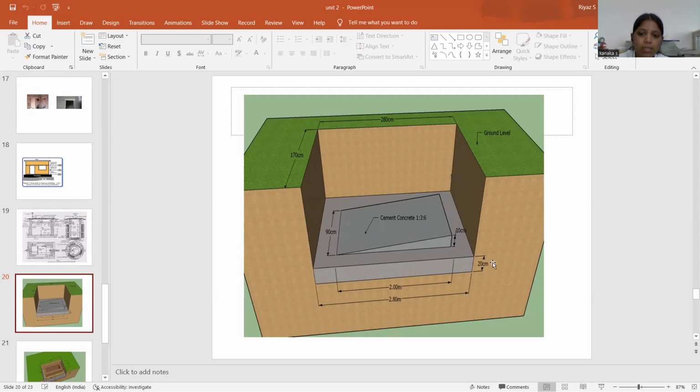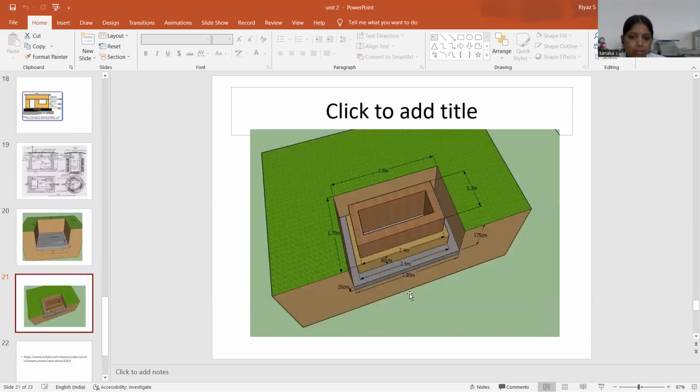This portion is 20 centimeters. This is 2 meters and 2.8 meters for this septic tank. Septic tank cross section and elevations.